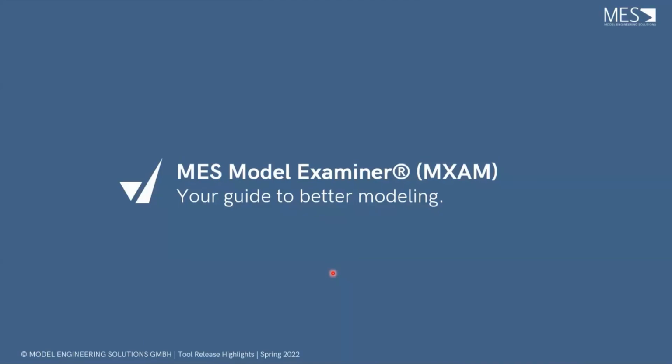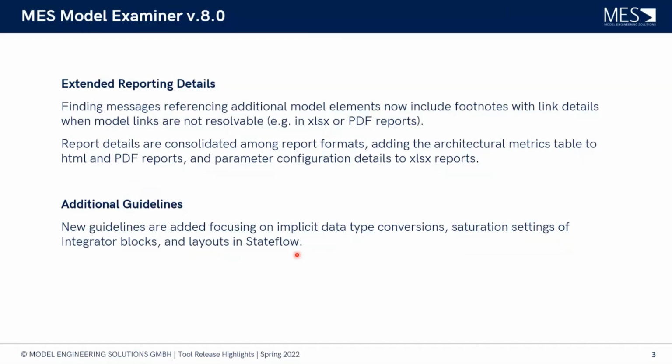And we're going to look into the MES Model Examiner, MXAM. And I have Kai here with me to look into the new highlights. Hello, Kai. Hello, Jan. So the MES Model Examiner has released a major version, 8.0, and there are actually two big highlights that we are going to look into today. The first one is an extension of the reporting details.